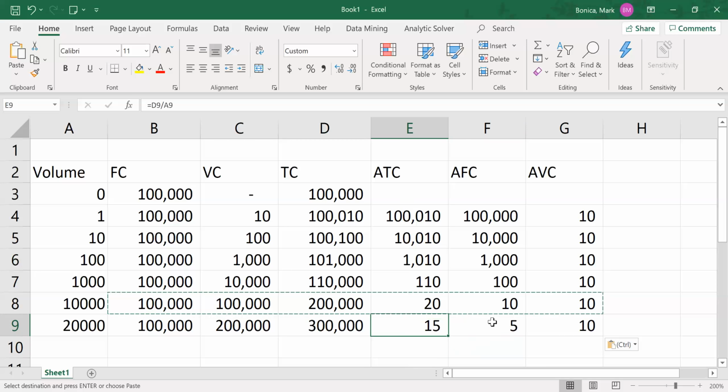And the gains or the reductions in this model are all coming from an increase in volume while holding our fixed costs constant, right?